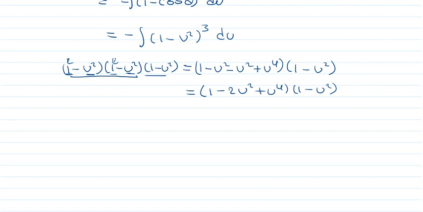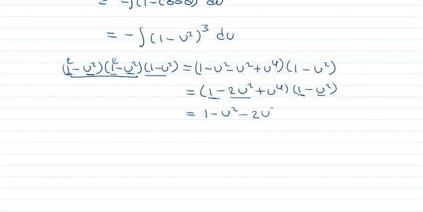So this is the same as expanding the parentheses. We have 1 multiplied by 1, we get a 1. 1 multiplied by negative u squared, we get negative u squared. Then we are done with 1, we go to negative 2u squared. So negative 2u squared multiplied by 1, we get negative 2u squared.